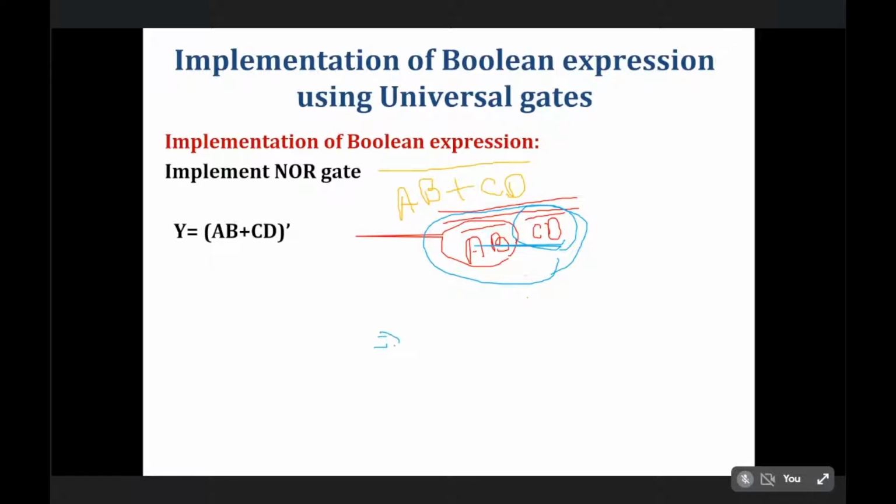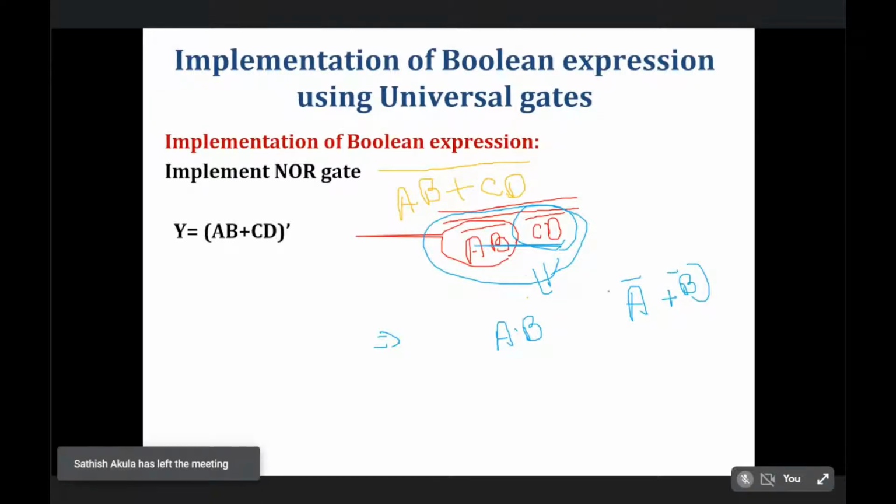It will be AB. We need to convert this into A bar plus B bar and C bar plus D bar.